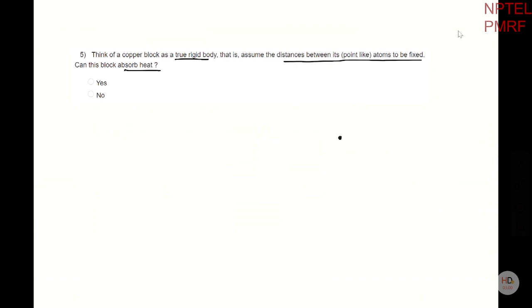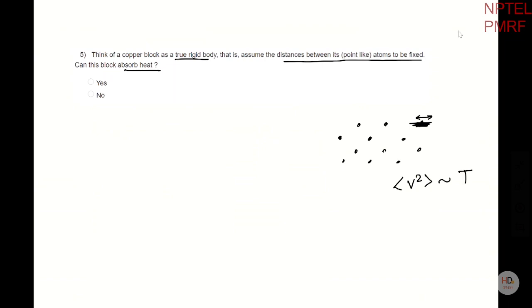So if the atoms are fixed, the distances cannot change. What happens if we give it heat? Its energy changes, right? There is vibration, and there is velocity of these particles. In fact, average velocity is proportional to the temperature. We know this, right? But what we are saying is that they are not allowed to have velocities, which means that it cannot absorb heat.